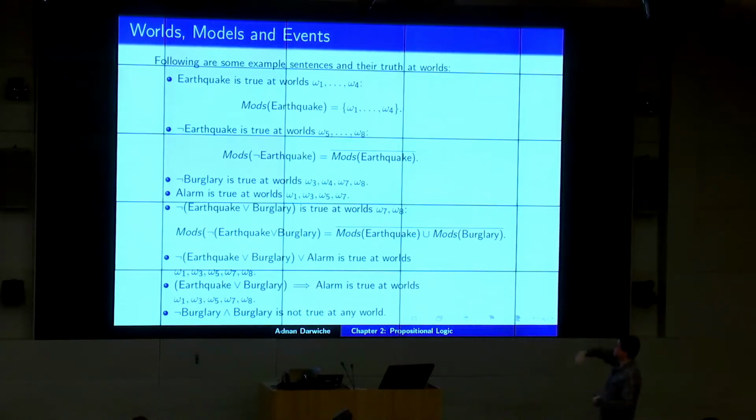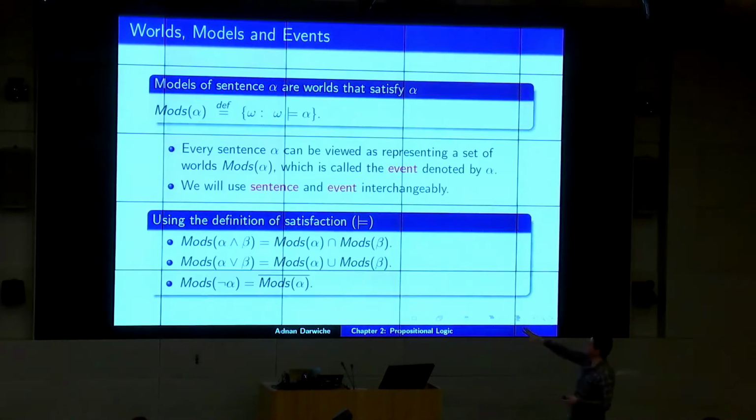Okay, so just showing you examples of, here's earthquake, here's the models of earthquake, models of not earthquake, I just complement the first. The nice thing about these equations is, if you know the models of individual variables, which is very easy, right? So if you take earthquake, what are the worlds that make it true? That's easy. If you have those, that's it.